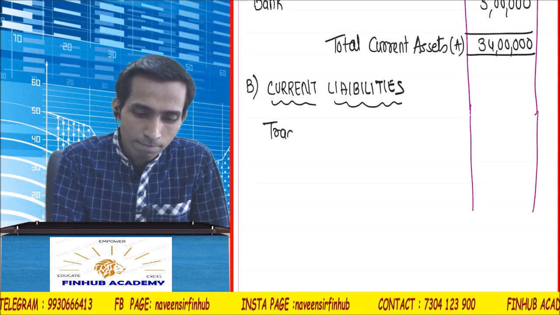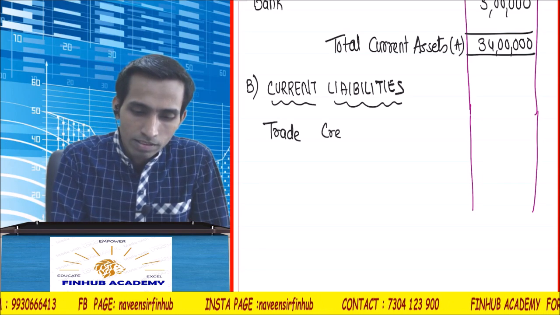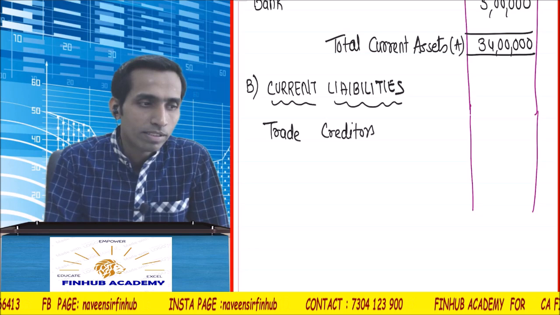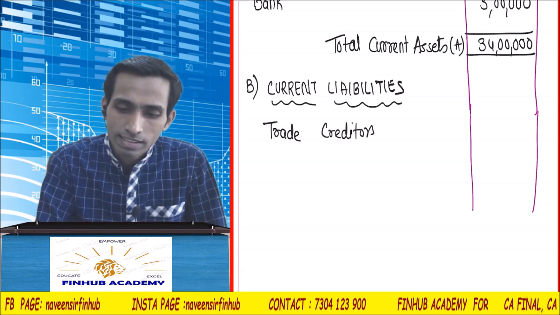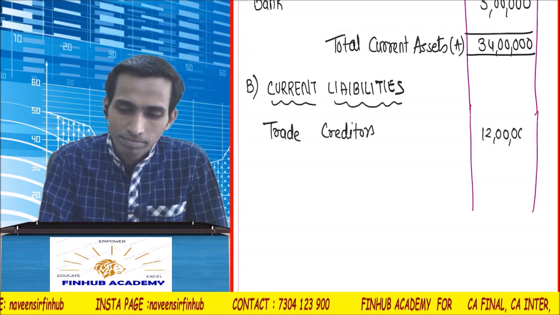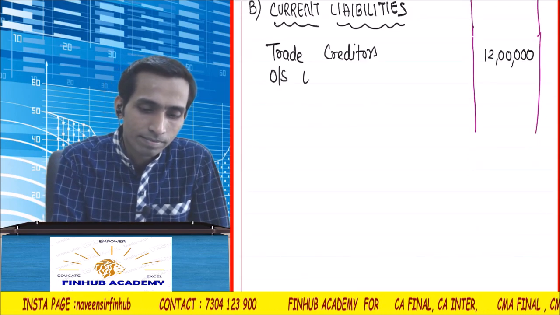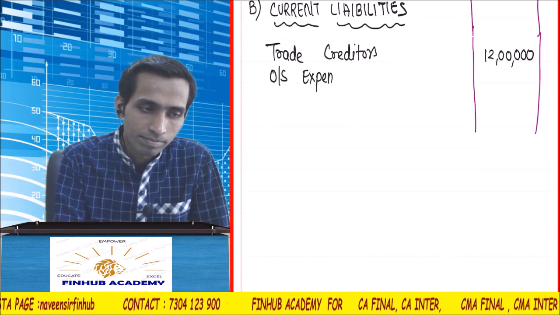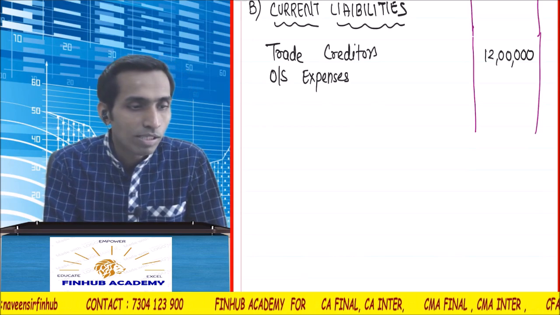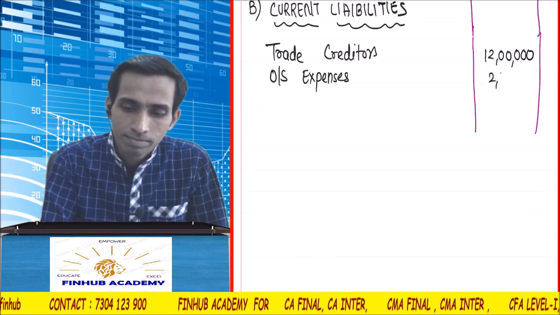What we are doing is warm up. Trade creditors, 12 lakhs. Outstanding expense, 2 lakhs.